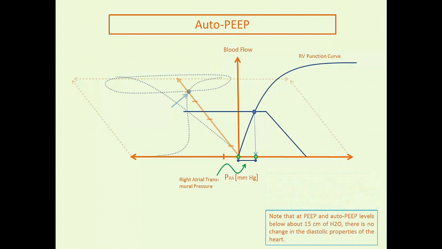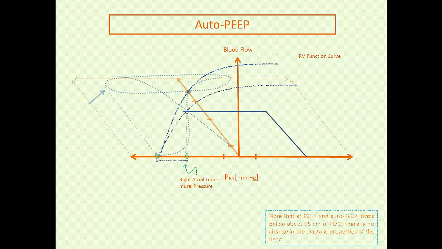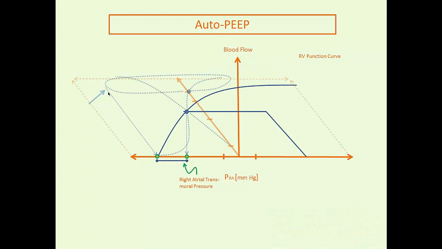And note that at PEEP and Autopeep levels below about 15 centimeters of water, there's no real change in the diastolic properties of the heart. And I think I talked a little bit about that already. So now with an inspiration, you drop intrathoracic pressure to a great degree, and you may measure a very low CVP, and you can sort of imagine as the right atrial pressure is dropping relative to the pressure in the systemic veins, that this IVC is just collapsing away.